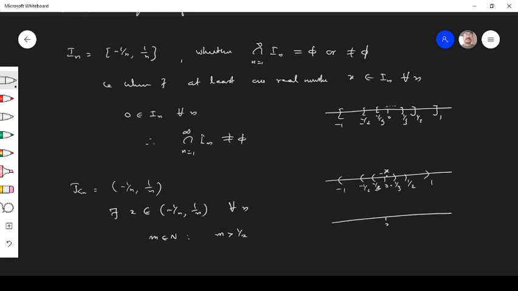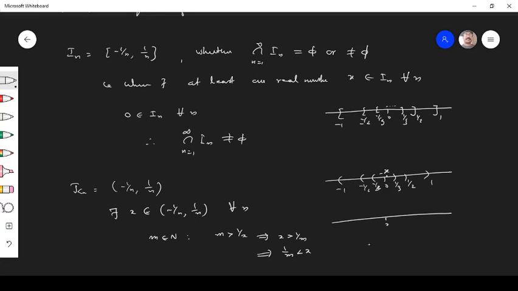If x is taken positive, then there exists a natural number which is greater than 1/x, which implies x is greater than 1/m, or 1/m is less than x.